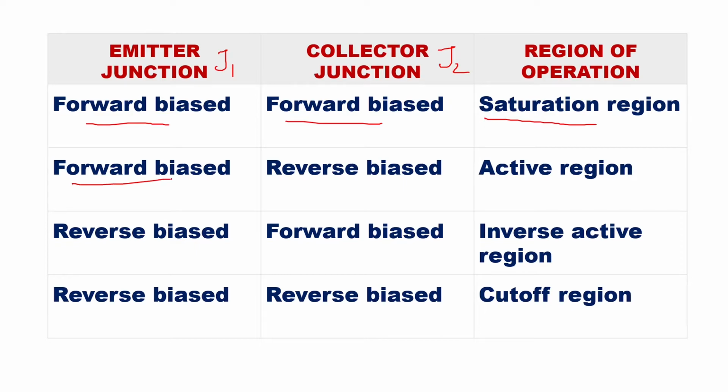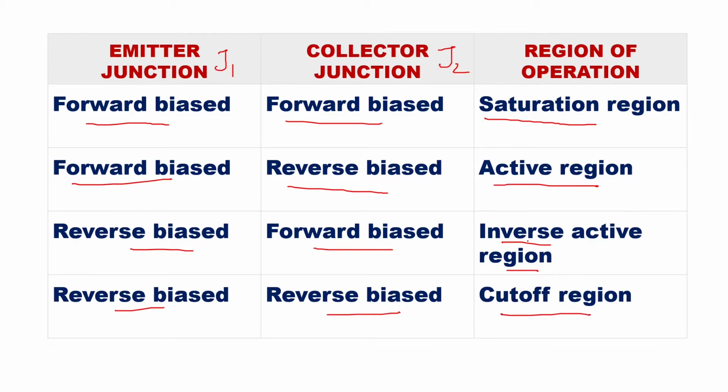If the first junction is forward biased and the second junction is reverse biased, then the transistor is operating in the active region. If the first junction is reverse biased and the second junction is forward biased, it is the inverse active region, which is not used practically. And the last one, the first junction is reverse biased and the second junction is reverse biased. It is in the cutoff region.